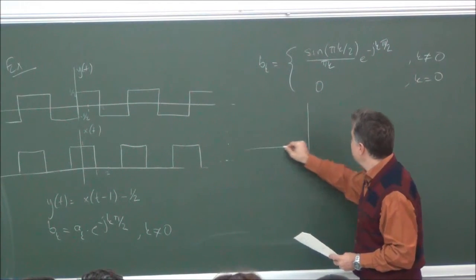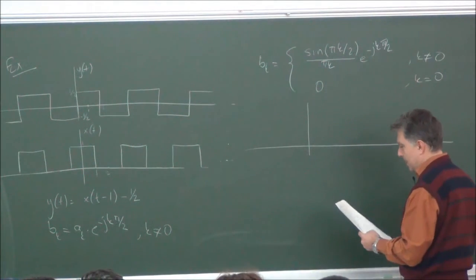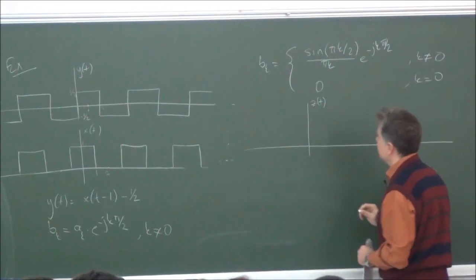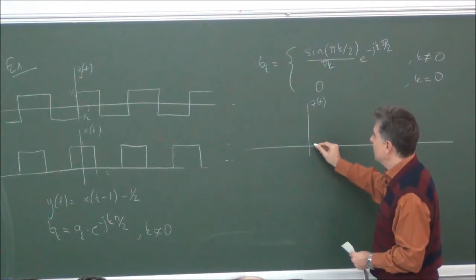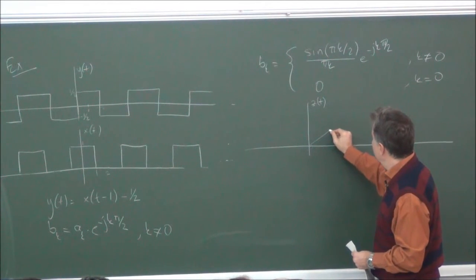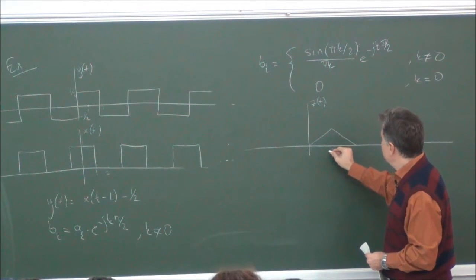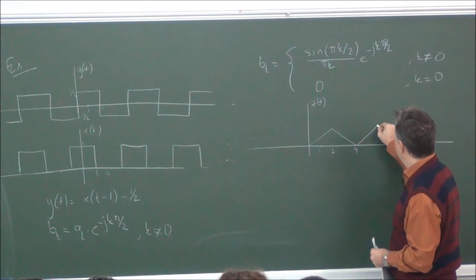Now let's have an even further signal, which is, let's call it z of t. Here we have 2, 1, and this is 4, and it repeats.